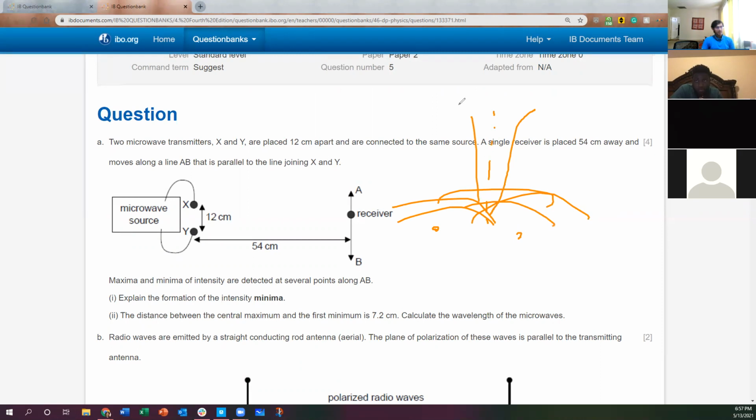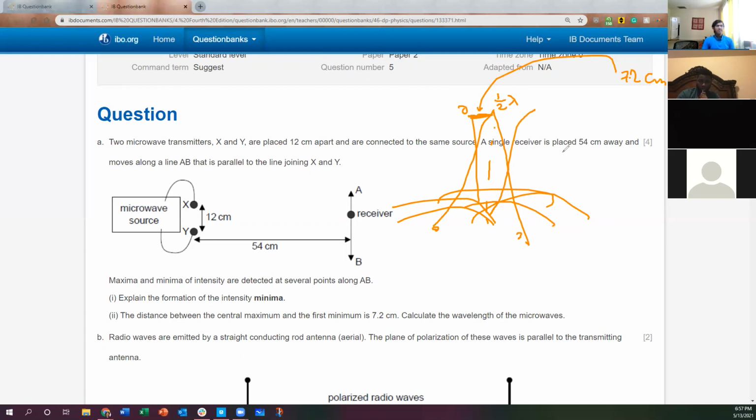The path difference here is 0. The path difference here is 1/2 lambda. That's the path difference between these two points. And the distance from here to here is 7.2 centimeters.